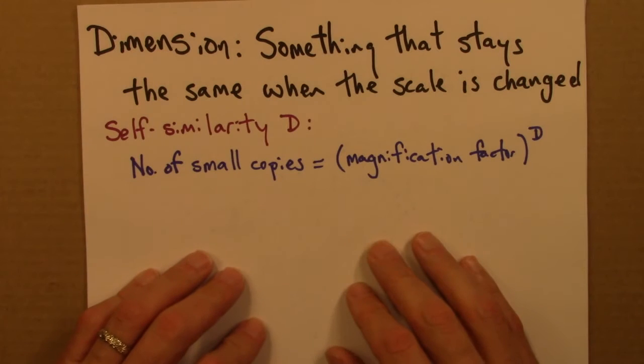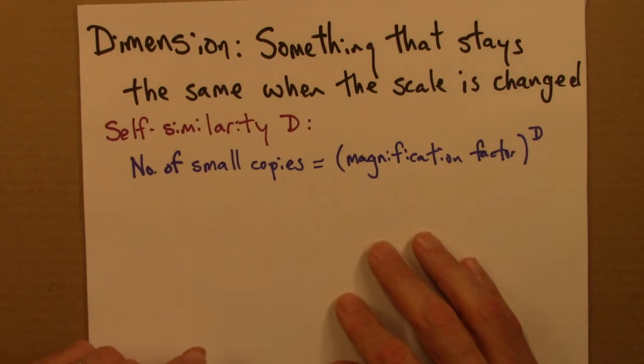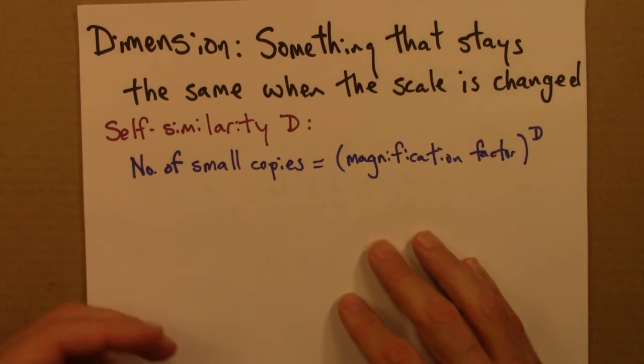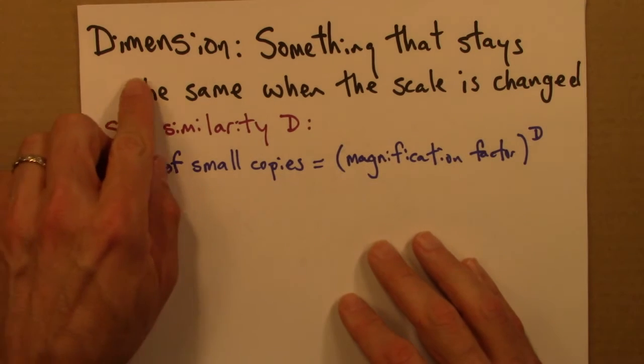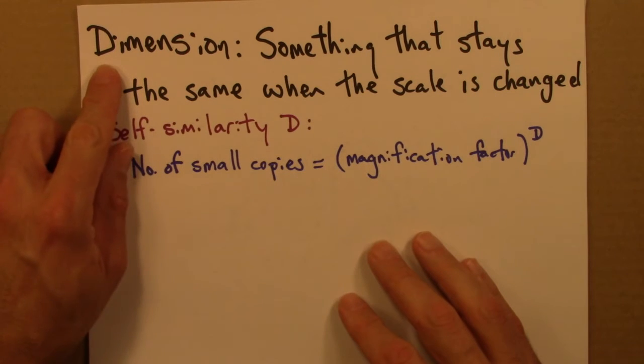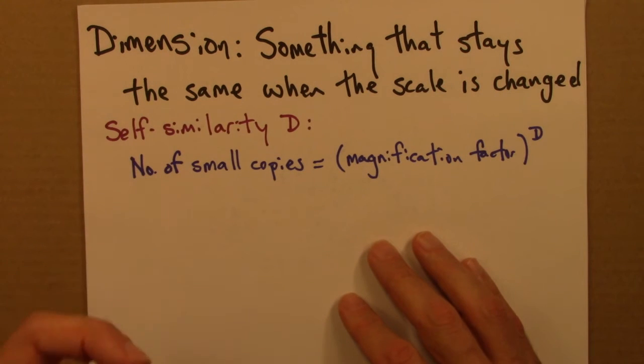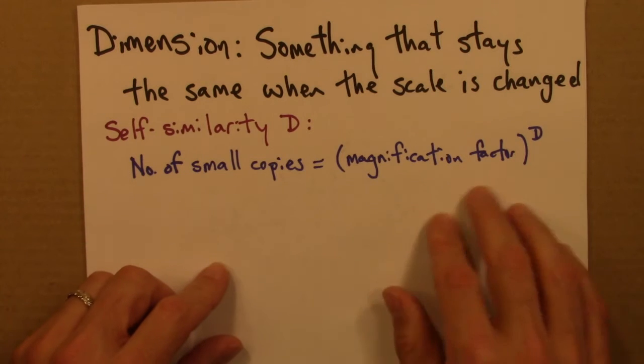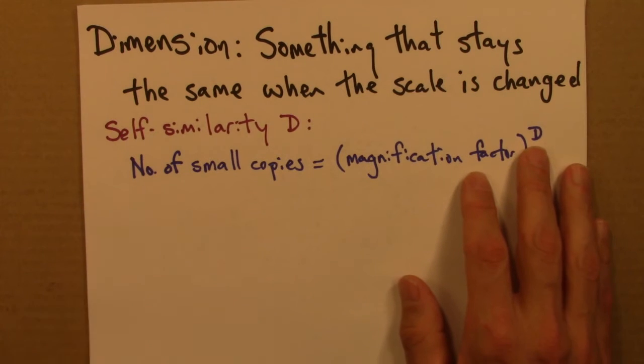So the idea behind dimensions applied to fractals is looking at how the properties of an object change when we change the scale at which we view it or analyze it. In particular, when we can define a dimension, that says that there's something that's staying the same even when we change the scale of the object, the scale of our analysis.